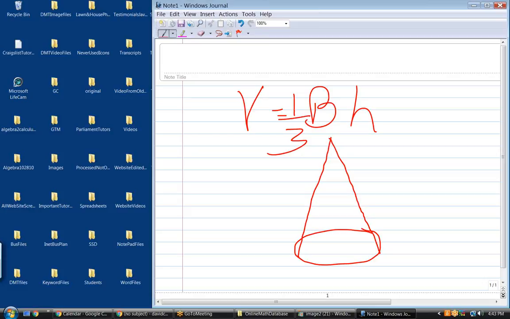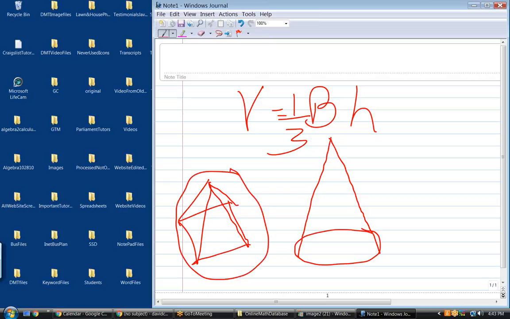And it doesn't matter whether it's a cone or it has a square base, as long as it goes to a point, you're shaving 2/3 of the material off. So the volume of this square pyramid is 1/3 the area of the base times its vertical height.